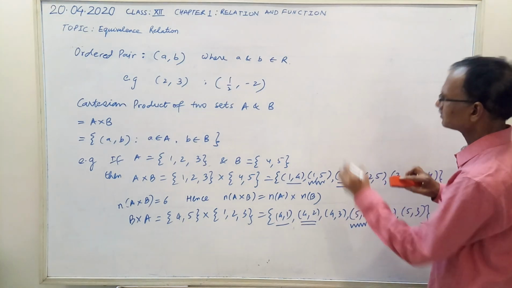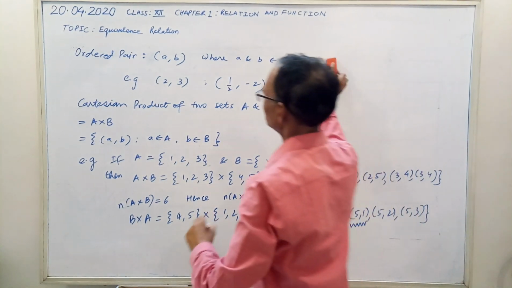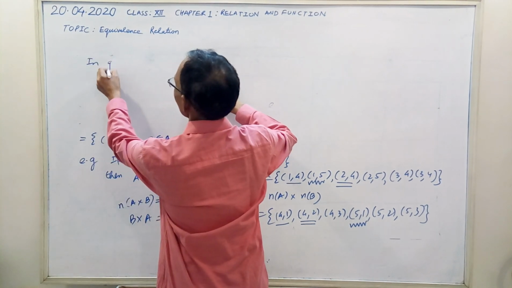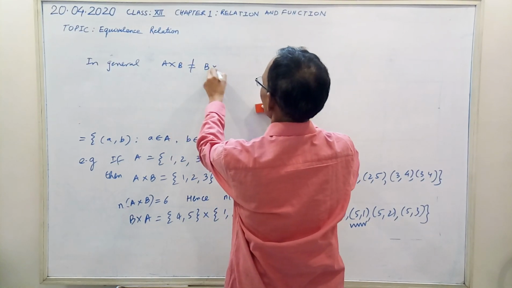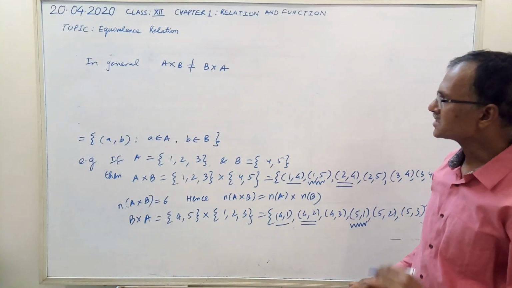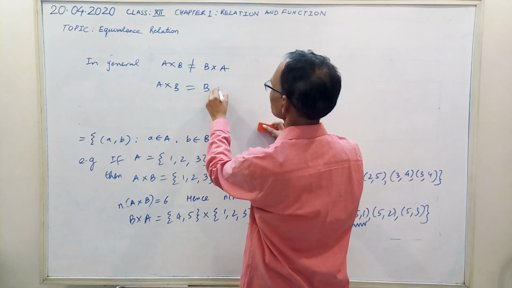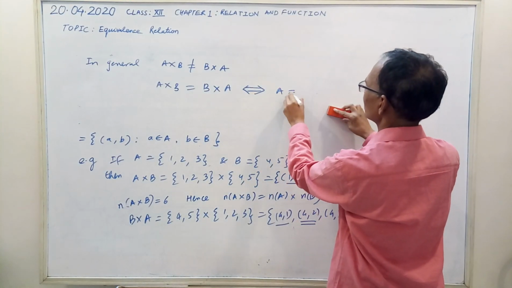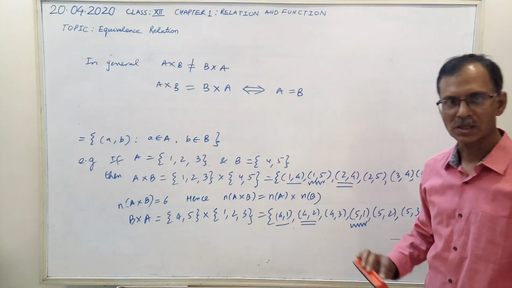So in general, A cross B is not equal to B cross A. A cross B will be equal to B cross A if and only if A is equal to B. That means implies and implied by A equal to B. Both the sets are equal, then only A cross B and B cross A will be equal.